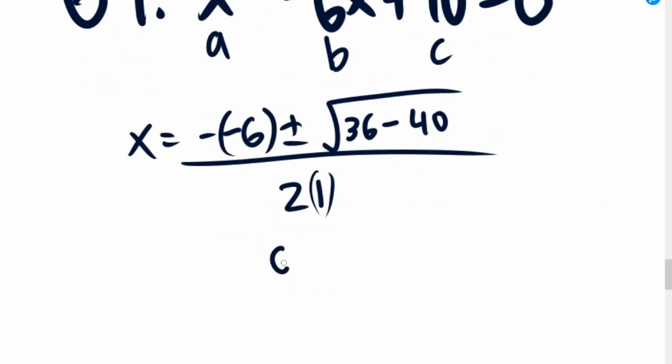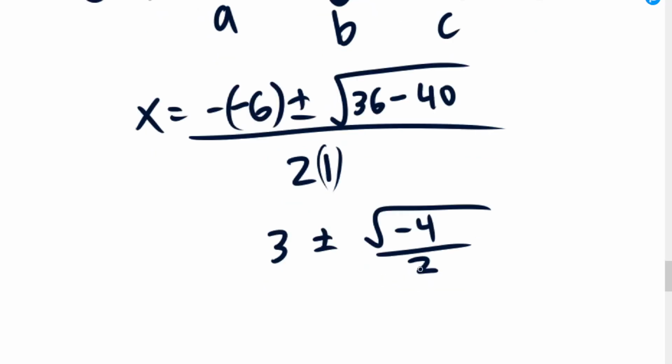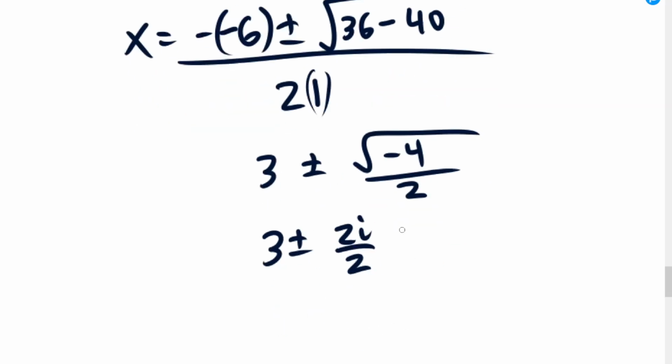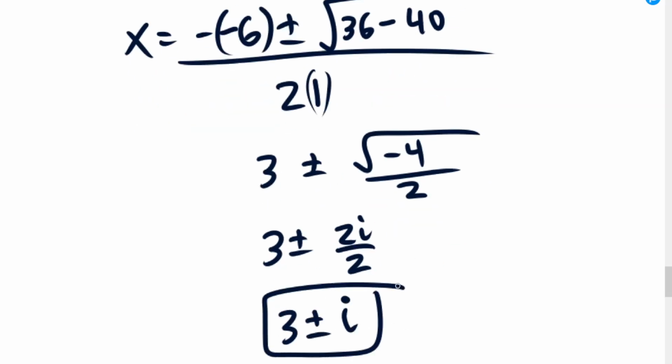So now what we've got is 6 over 2, which is the same as 3, plus or minus the square root of 36 minus 40, which is negative 4, over 2. That gives us 3 plus or minus 2i over 2, which gives us 3 plus or minus i. That would be your answer. Let's move on.